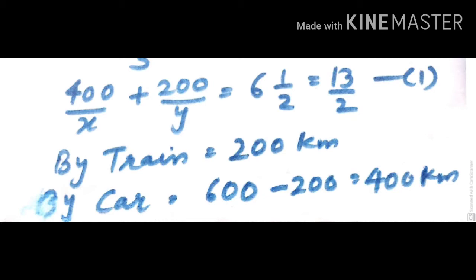He takes half an hour longer. Half an hour longer than whom? In the first condition it is written that it takes 6 hours and 30 minutes. If it takes half an hour longer, then 6 hours and 30 minutes plus 30 minutes means total 7 hours he will take to complete this whole journey.